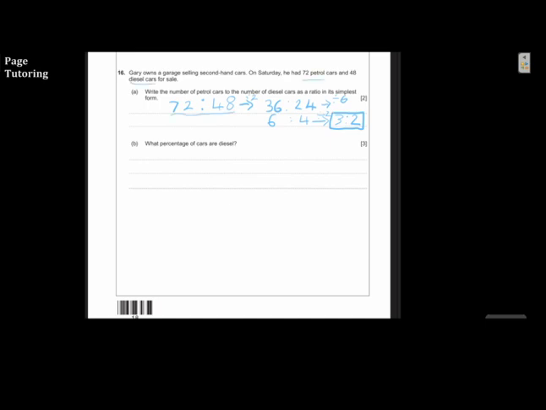So then it asks, what percentage of cars are diesel? Let's see. In total number of cars. So your total number of cars would be 72 plus 48. So that would give you 120. So then we know for the diesel cars, which is 48, we've got 48 out of 120 are diesel.